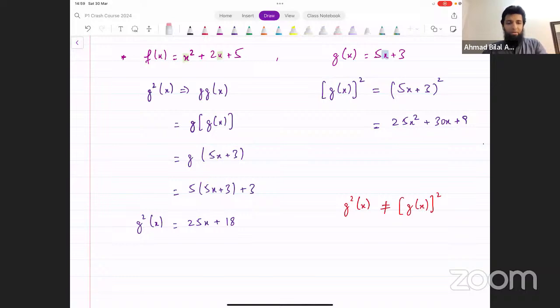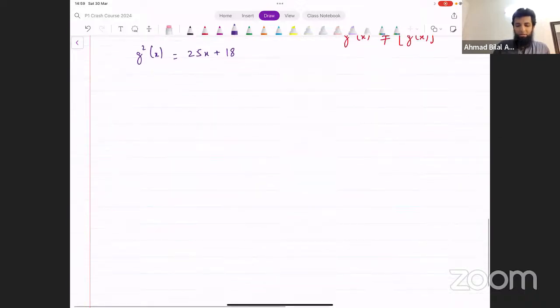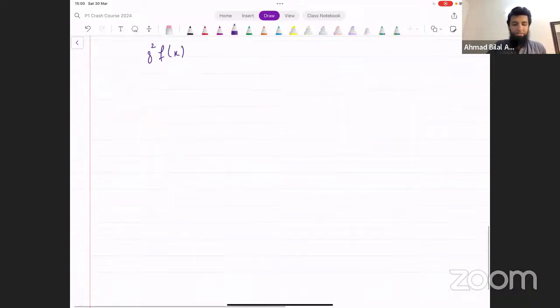All right, let's have a look at another example. Let's say you had to do something like this now. So instead of g square of x, let's say you had g square of f of x. What if you had something like this? How do you understand this now?